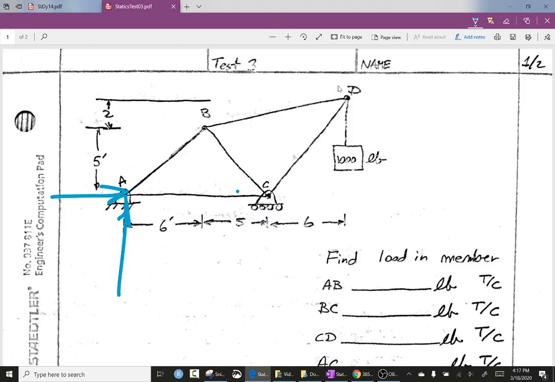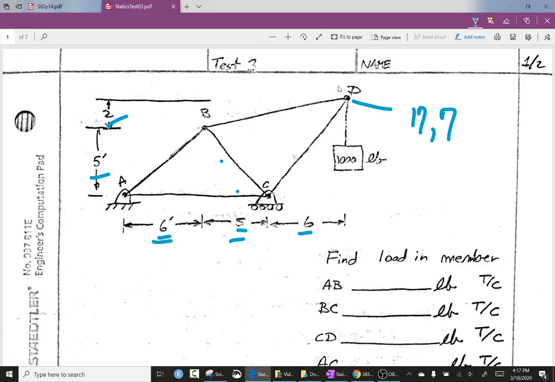With all that, you have to choose which way you want to solve this. You can choose method of sections, and you could just section things off like that, or you could go node at a time. The coordinates are given. They're not that great. To get to D, you move over 6, 5, and 6. That'd be 12 or 17 in the X direction, and 5 and 2 or 7 in the Y direction.